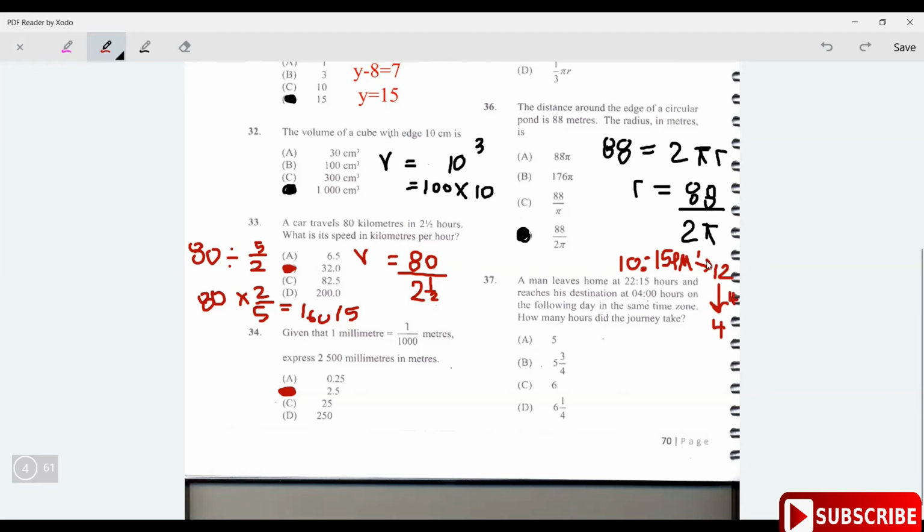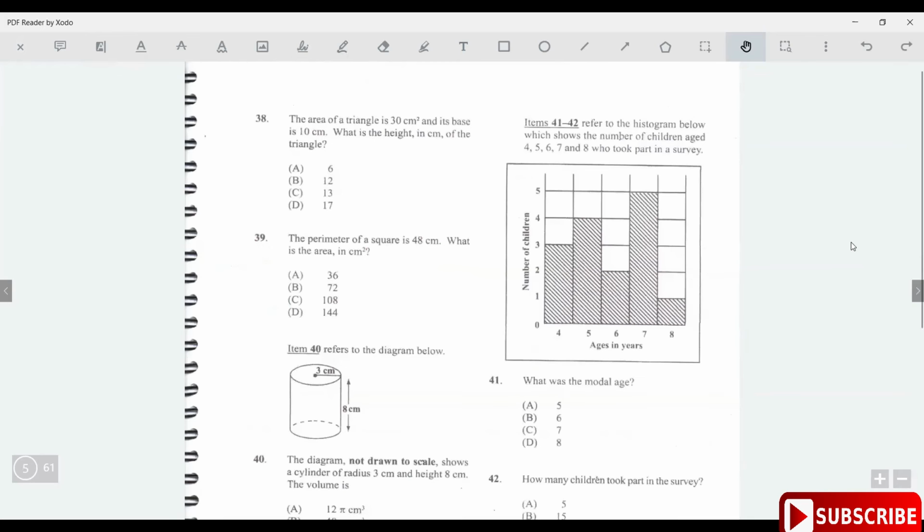And so what he travels is 1 3/4 plus 4, which is 5 3/4. So to travel from 10:15 in the night to 4 a.m. in the morning, that means his ride was 5 hours and 45 minutes. 5 3/4. Easy question.